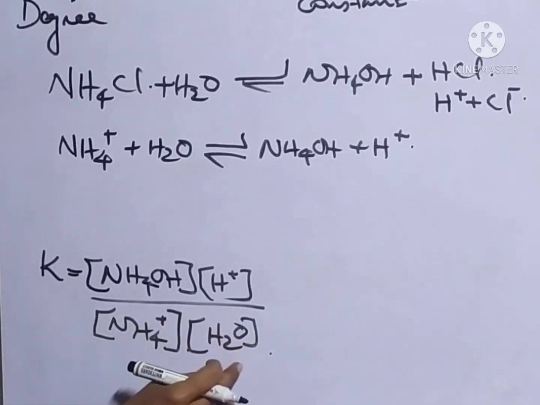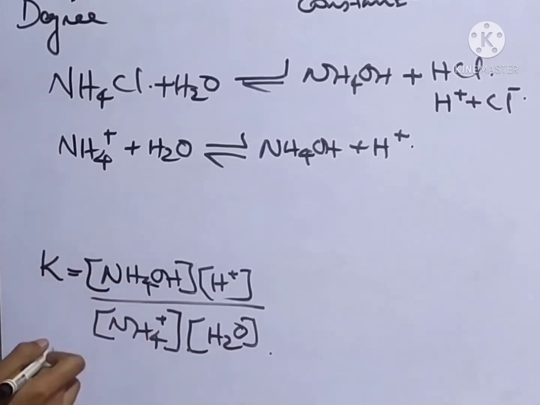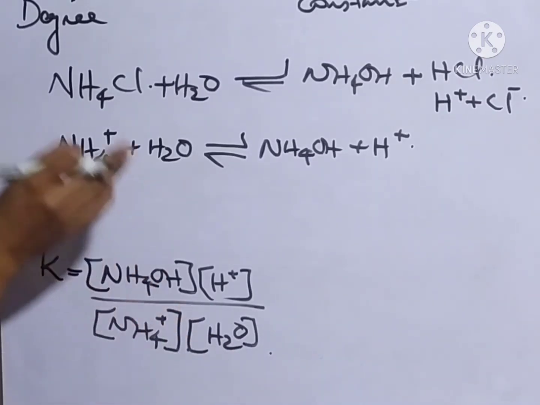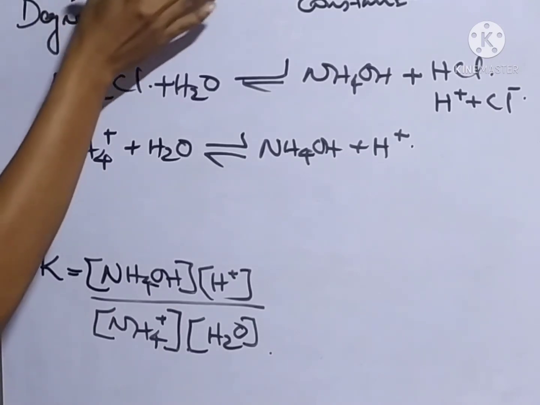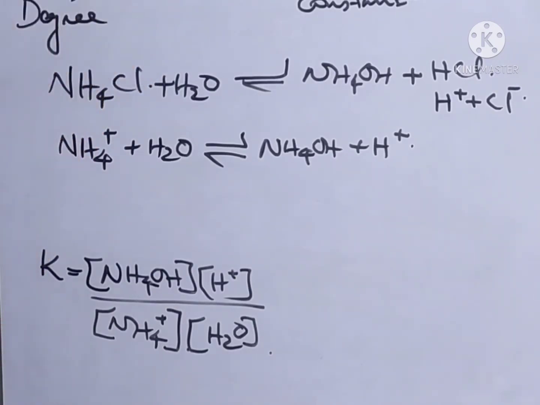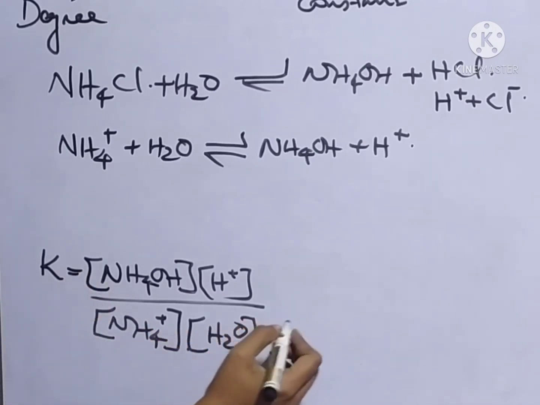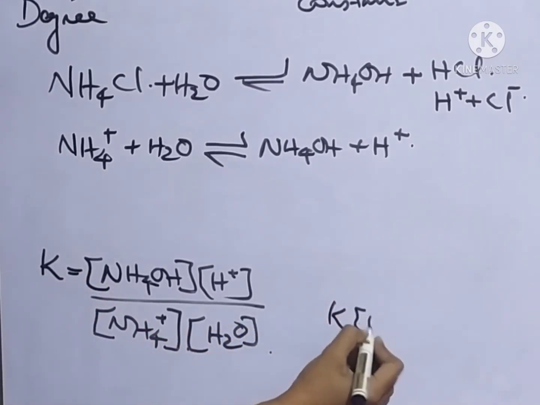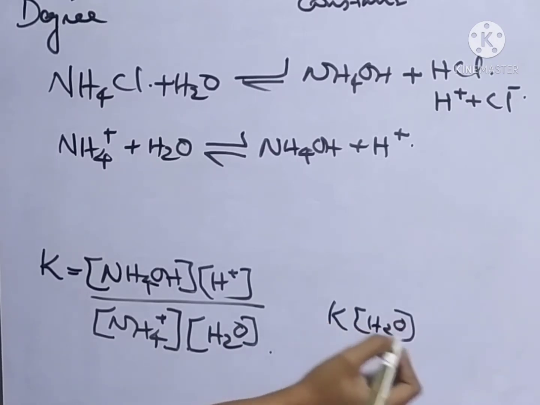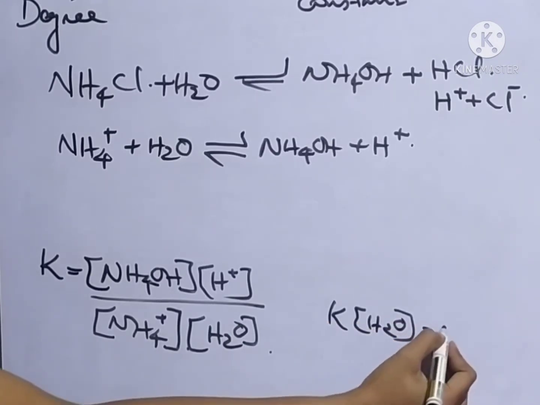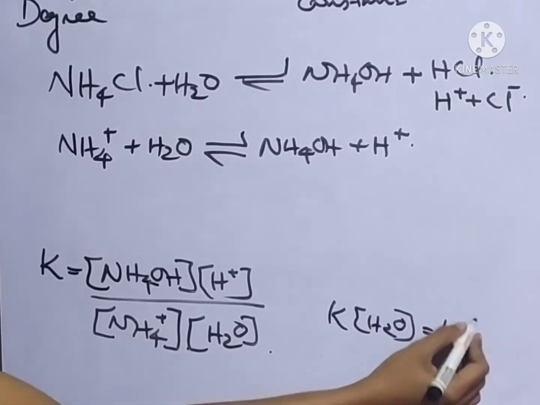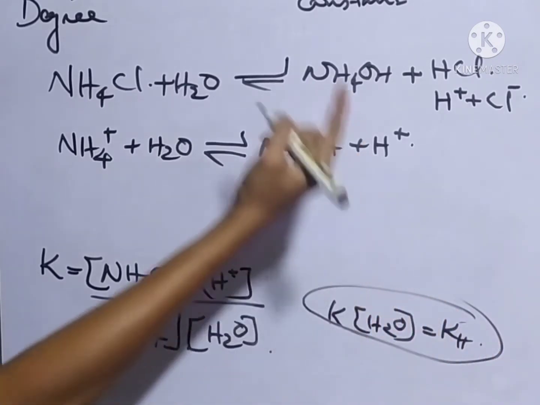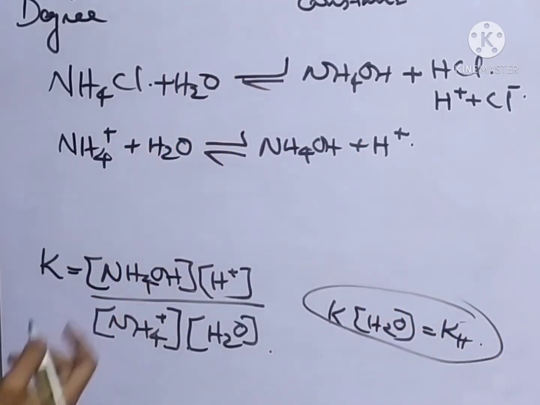Here we can bring the concentration of water to the LHS, since we are going to calculate the equilibrium constant of hydrolysis. So the LHS becomes K into the concentration of water. This can be written as KH, that is the equilibrium constant for hydrolysis.